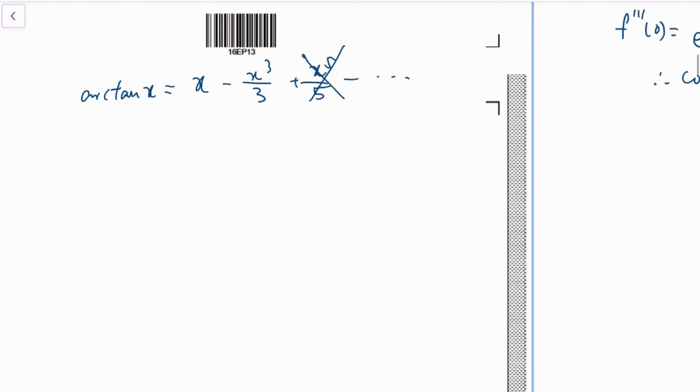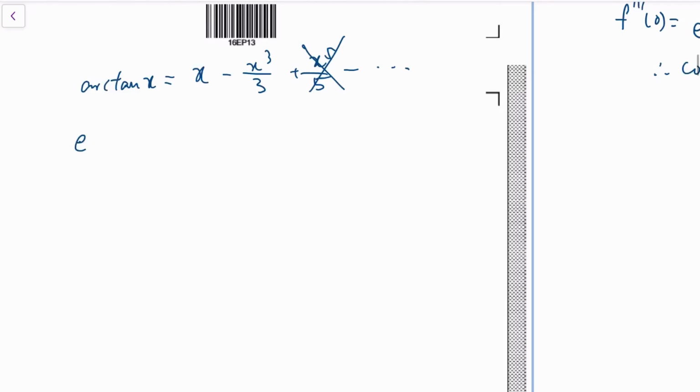Okay, Maclaurin series of e to the power of 3x minus 1. Okay, so e to the power of 3x, if we use the formula, if you look at the Maclaurin series of e to the x, it will be 1 plus x, but now we have 3x, so 1 plus 3x plus 3x squared over 2 factorial.